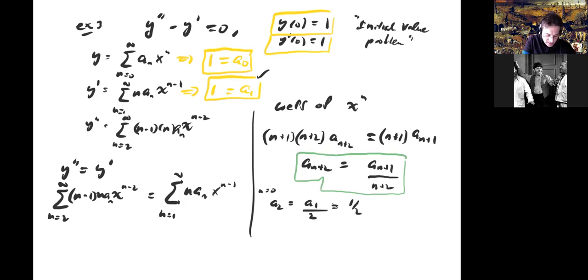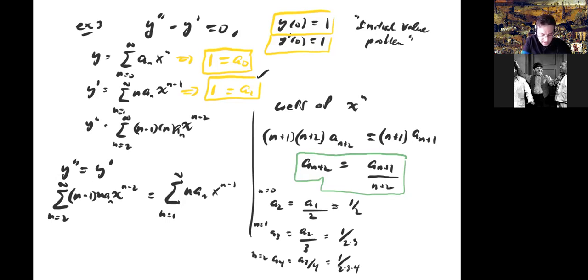Now we go to a sub 3, so that's taking n equal to 1, so a sub 3 equals a sub 2 over 3, which is equal to 1/2 divided by 3, or 1 over 2 times 3. We can take n equals 2 now to get a sub 4 equals a sub 3 over 4, which is 1 over 2 times 3 times 4, and so on.